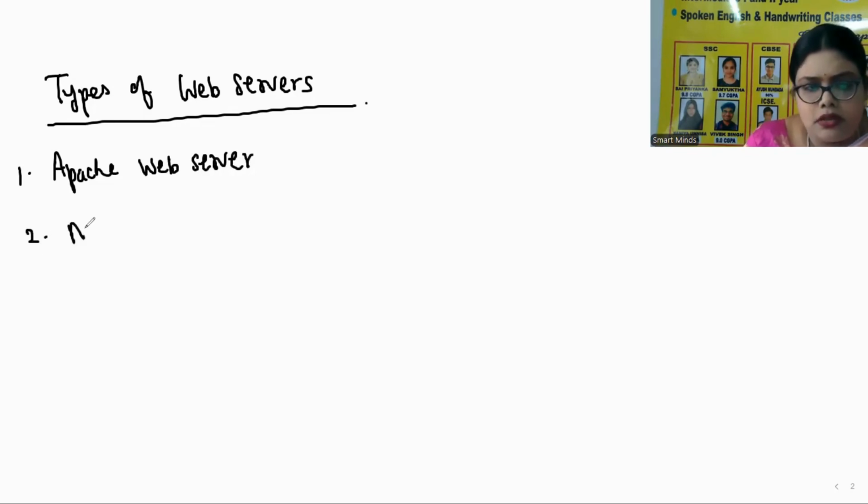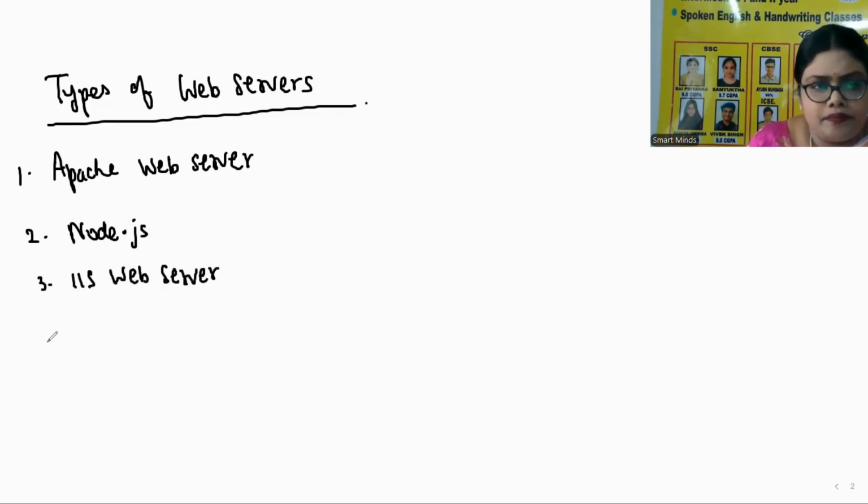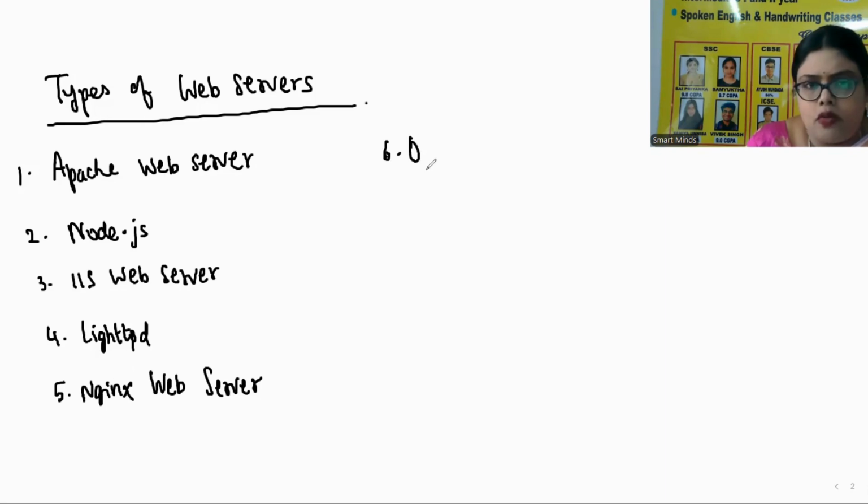Number two is Node.js. Number three is IIS Web Server. Number 4 is Lighttpd. Number 5 is Nginx Web Server. Number 6 is OpenLiteSpeed.